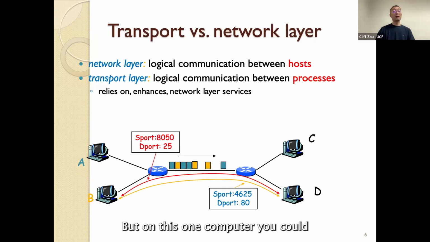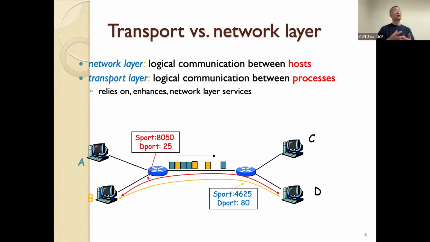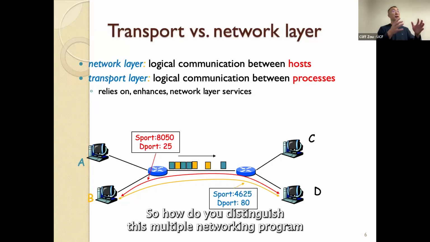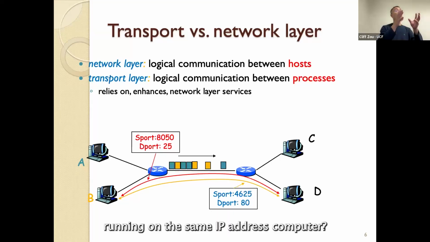But on this one computer, you could run multiple networking applications, even on your smartphone. Each network program needs to accept and send data to the internet. So how do you distinguish these multiple networking programs running on the same IP address computer?